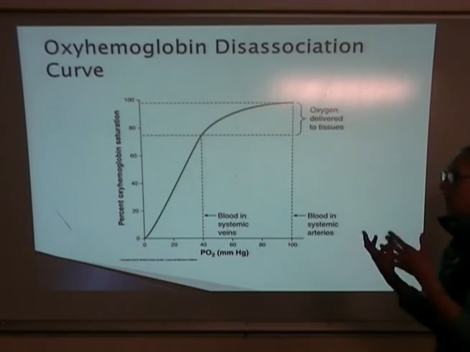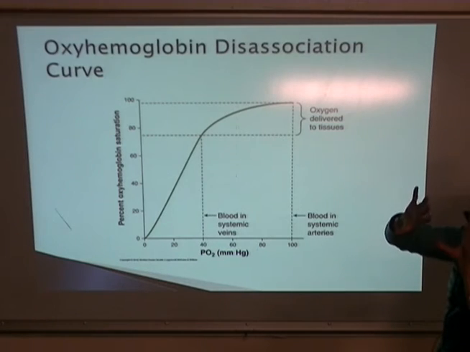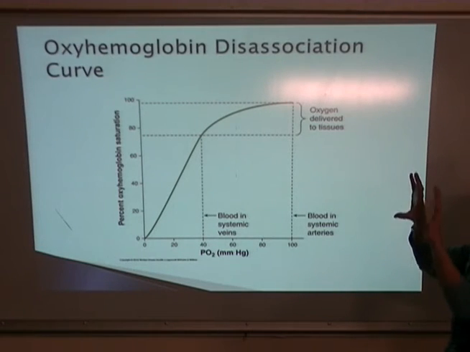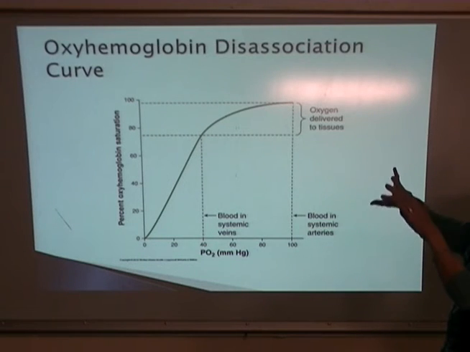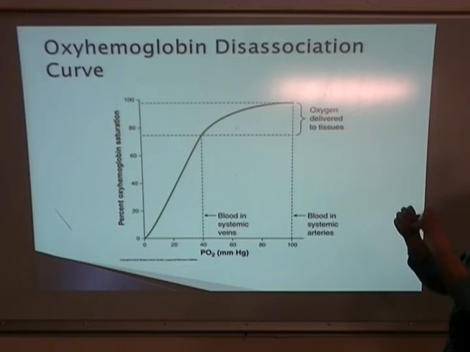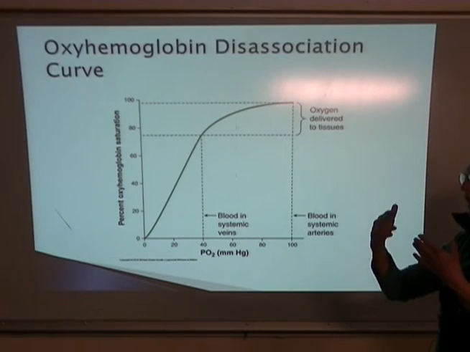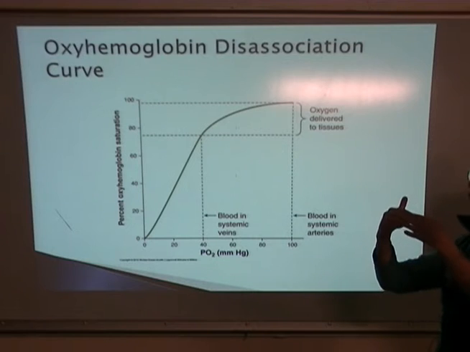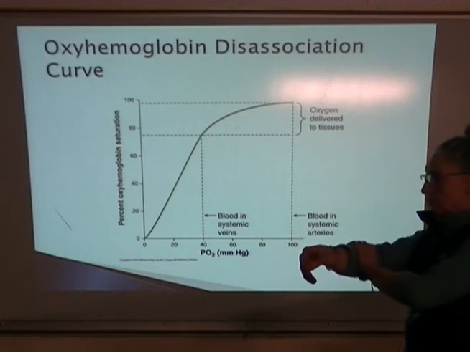So if you think about it, when the hemoglobin is passing through the lung tissue, it has to be able to pick the oxygen up at that point, right? And then somehow, when it's at a working muscle, it has to be able to release the oxygen so the oxygen can pass into the muscle tissue.